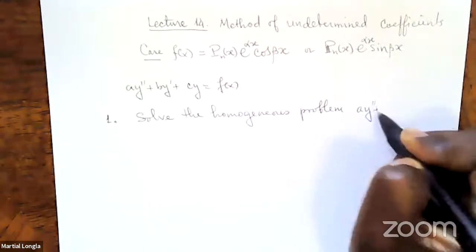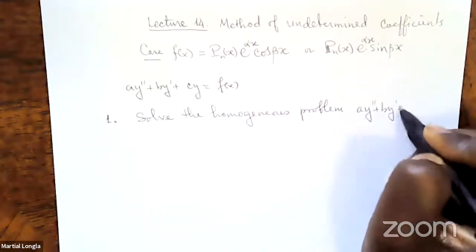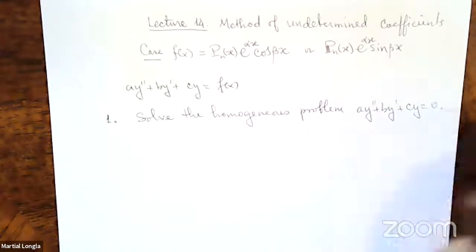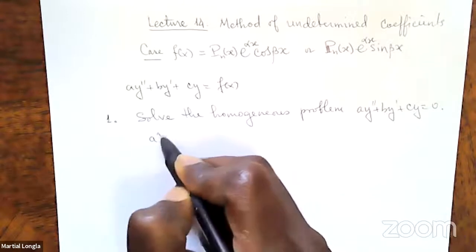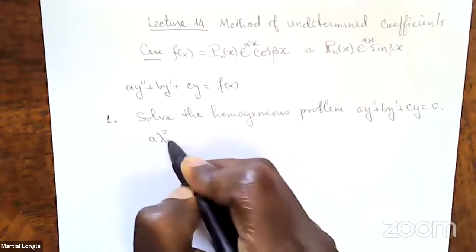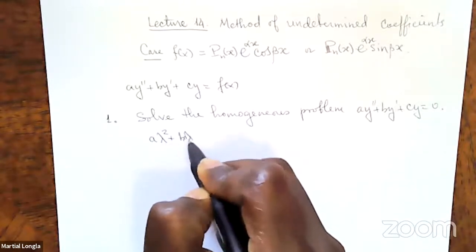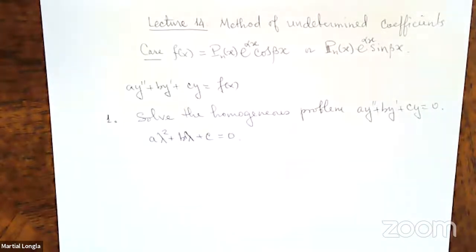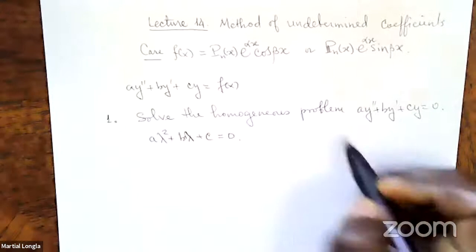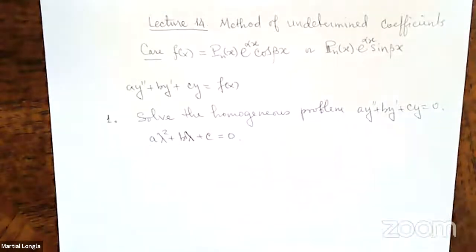Ay double prime plus by prime plus cy equals 0, for which, of course, we have the Euler equation a lambda squared plus b lambda plus c equals 0. And we get the roots of this equation.